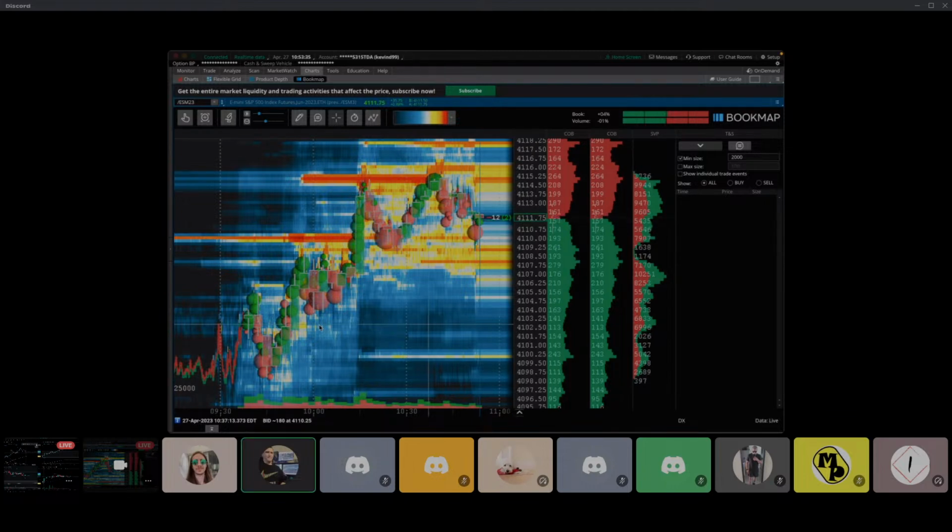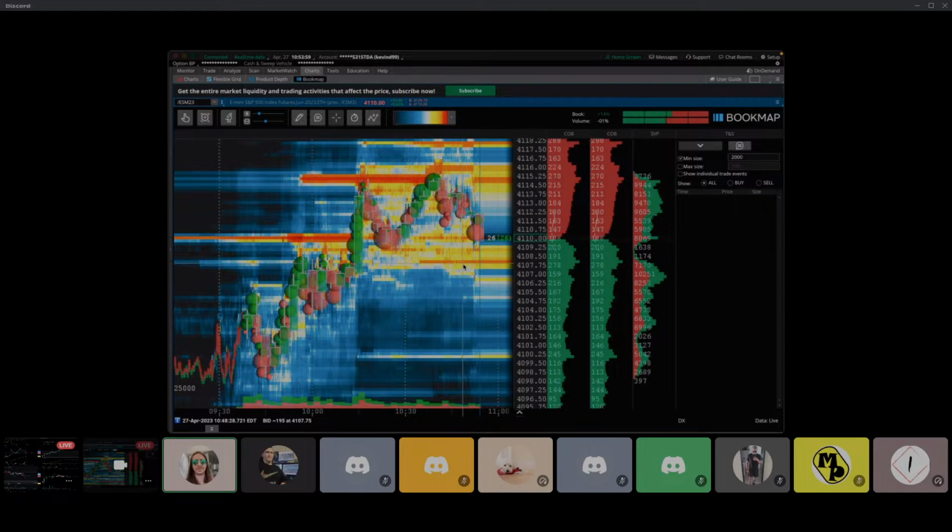We need a new set, and this might be a trend change, so I'm going to start the expansion up here. Hey, there we go. We breached that 4111 level.